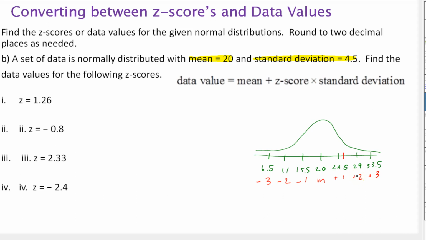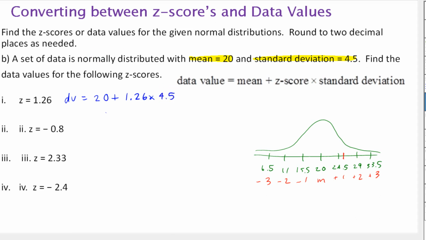So using the formula, the data value, let's call that dv, take the mean of 20, and then we want to add on, the z-score is 1.26, so this is 1.26 standard deviations from the mean, so it's 1.26 copies of, that's multiplication, of 4.5.